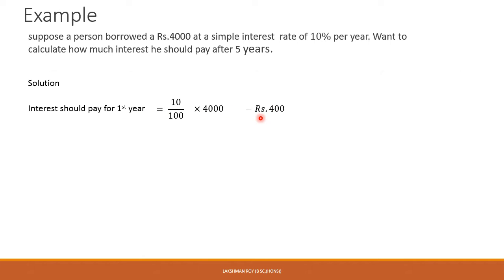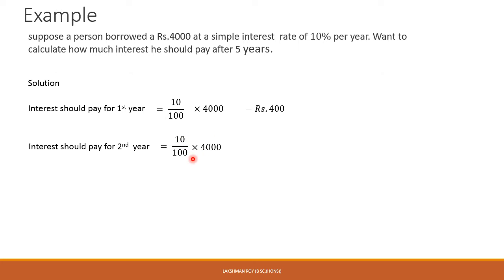Then you go to the second year. For the interest for the second year, the interest rate is the same, 10%. So for 100 rupees, you have to pay 10 rupees interest. The amount on which you calculate the interest is the same 4,000 rupees. So that does not change.